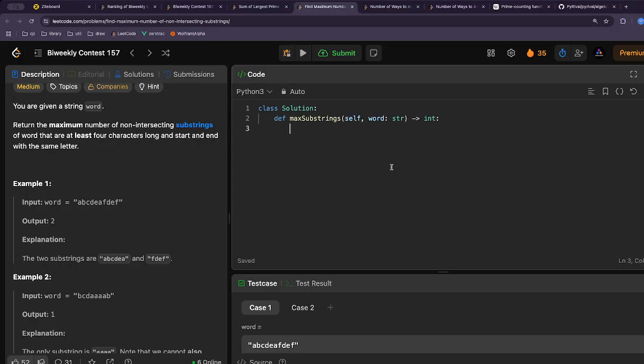Now the problem becomes, how do I find the next A? If I'm here, how do I find the next A? But remember that we also have this restriction that it has to be at least 4 characters long.